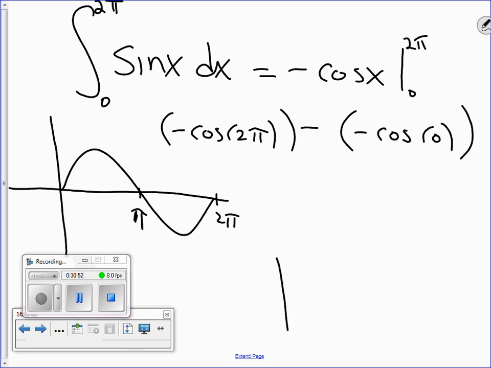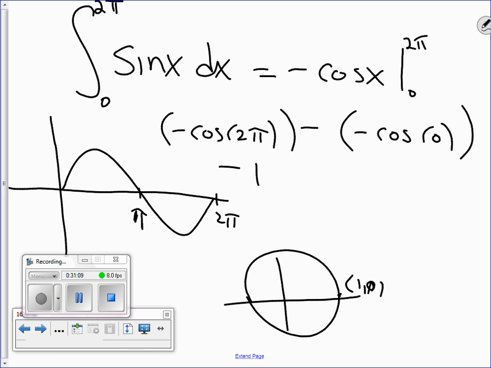Let's think unit circle. Isn't it nice that 2 pi and 0 are in the same place? 0 and 2 pi both terminate over there. First of all, what's the cosine of 2 pi? 1. So negative cosine of 2 pi is negative 1. Then we have minus a negative, so plus the cosine of 0.